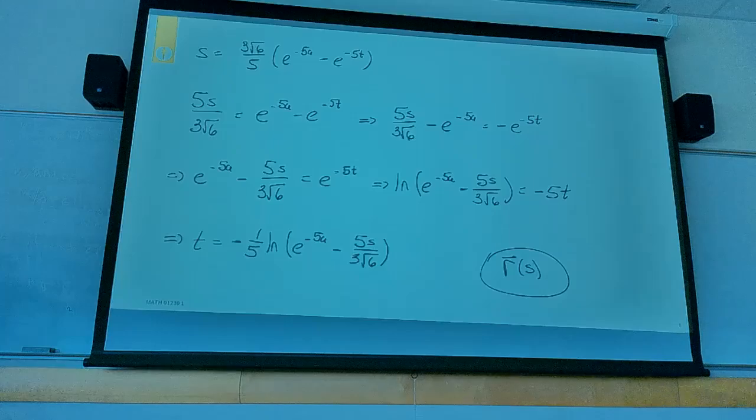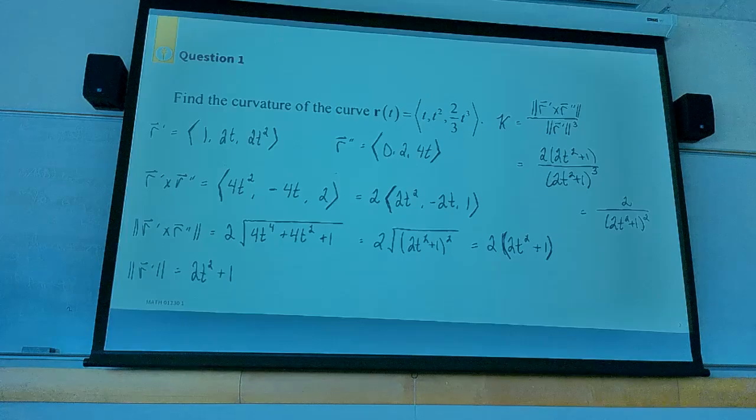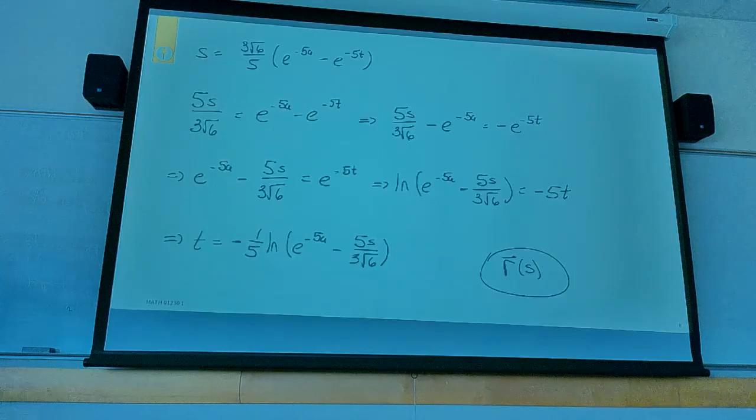Normalize that. That gives you T. Then take that derivative with respect to s. I'll let you do that for this one. Have fun. It'll make you appreciate that formula much more. Questions on arc length and curvature?